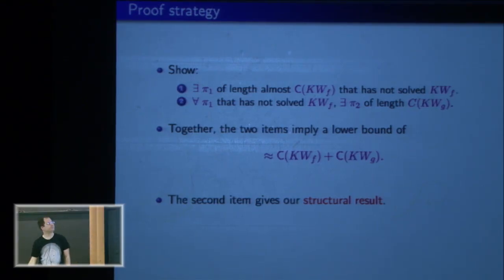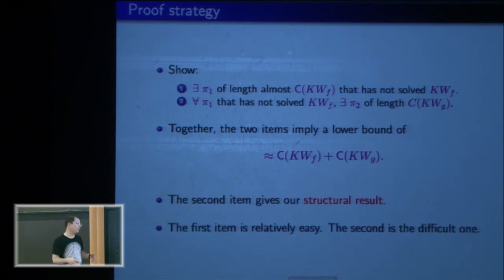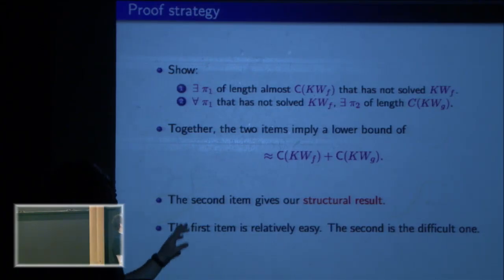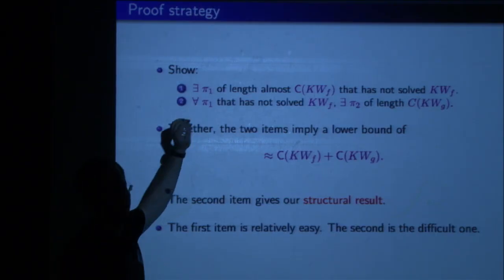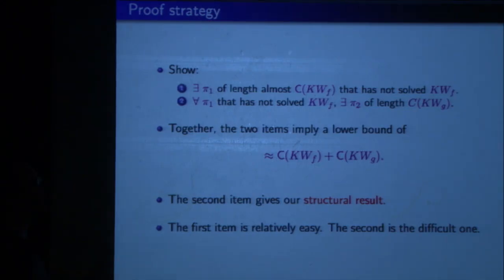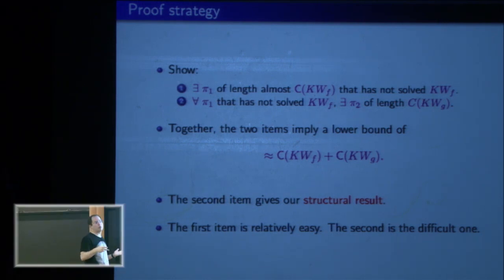Okay, so we are going to prove those two items, and actually the first item is easy. If we are talking about communication complexities, it's almost immediate that given some communication problem, there must always be some partial transcript that is of length almost the communication complexity of the problem and has not solved the problem yet. In the actual proof of our result, we have to work a bit harder because we don't really want a communication complexity lower bound.